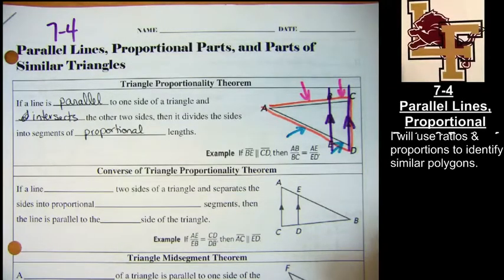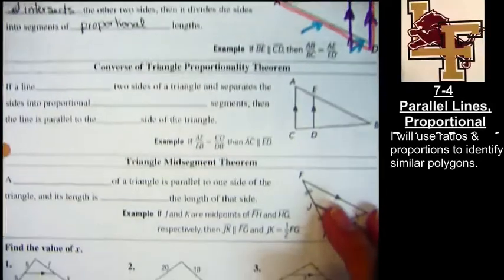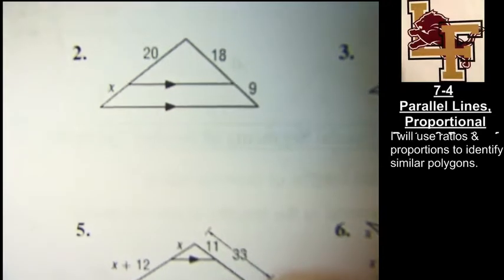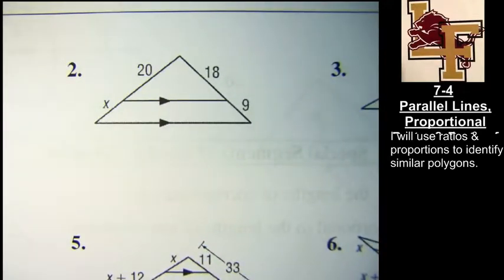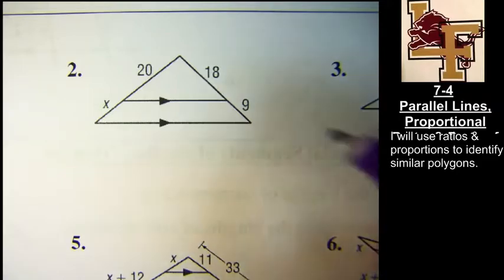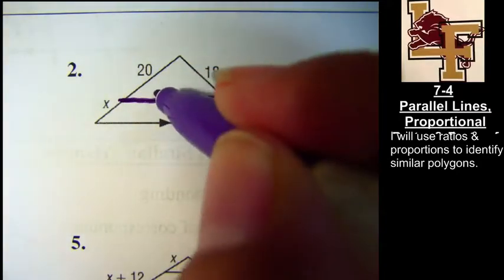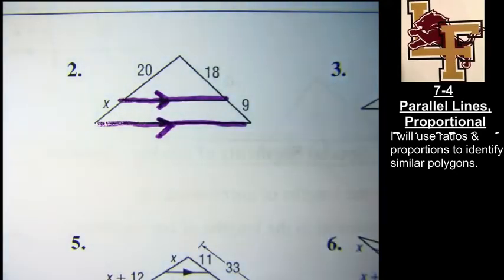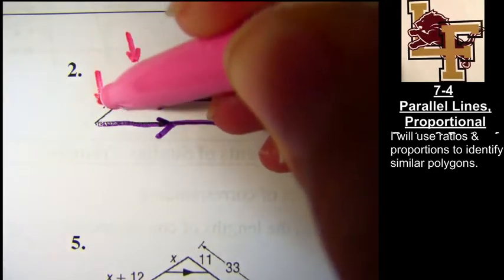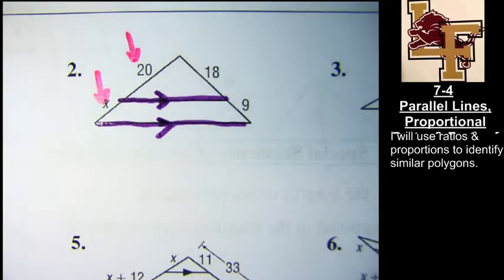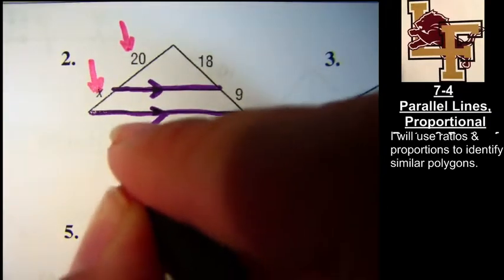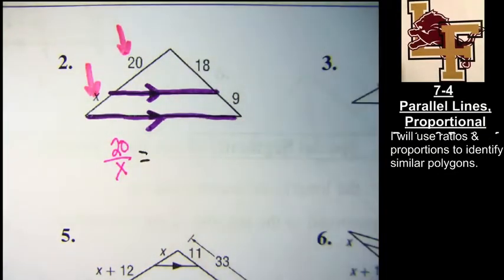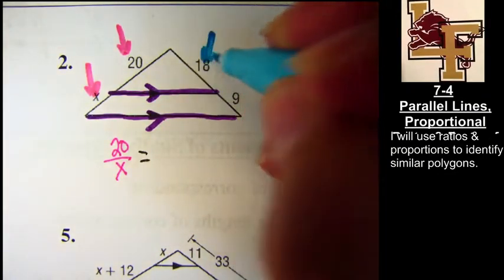Let's practice and see how this works. Join me down at the bottom for number 2. I have a triangle, and a line inside of the triangle parallel to one of the sides. That means that the fraction I can write with these two things is equal to the fraction I can write with these two things.